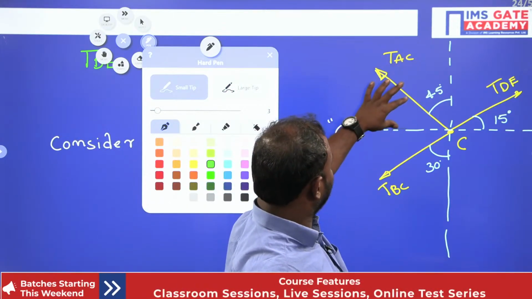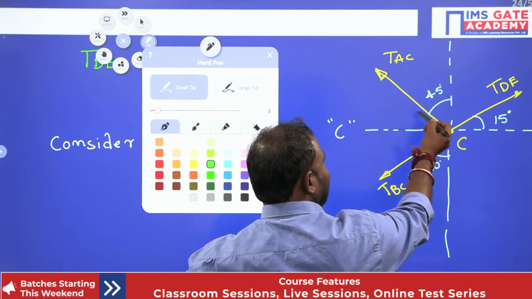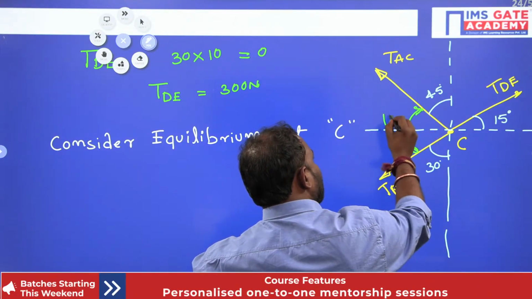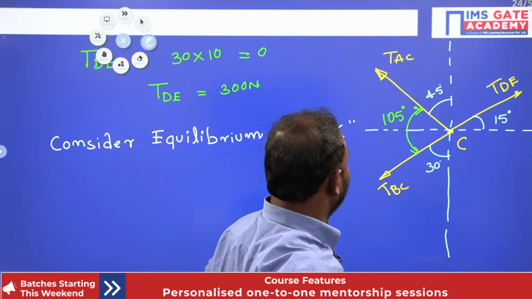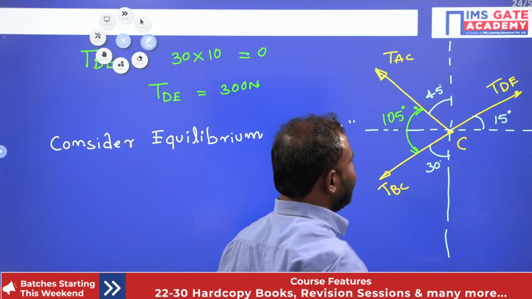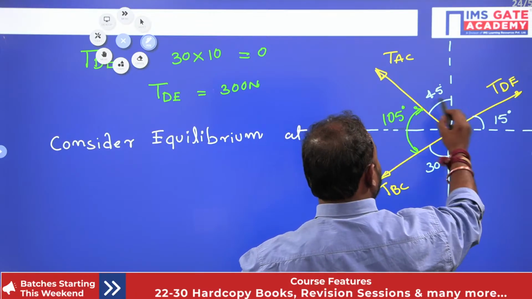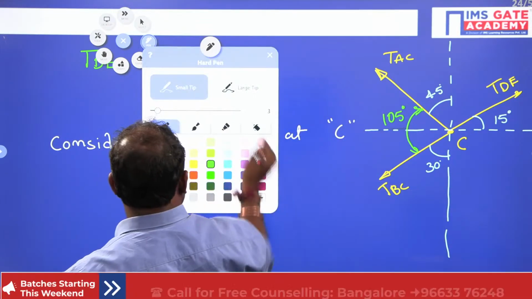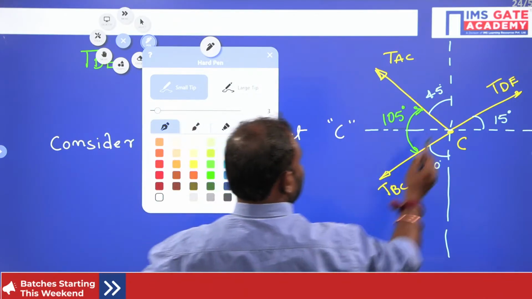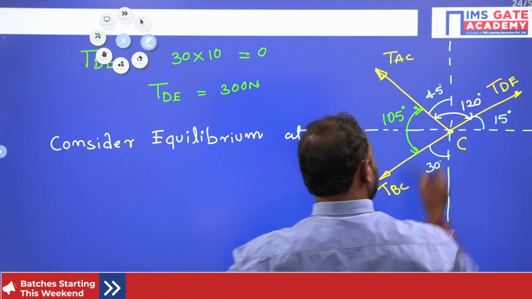So this is 45. So this is 45. Now 30. Next, 45. 15 is gone, so 90 minus 15 is 75. 75 plus 45 is 120.